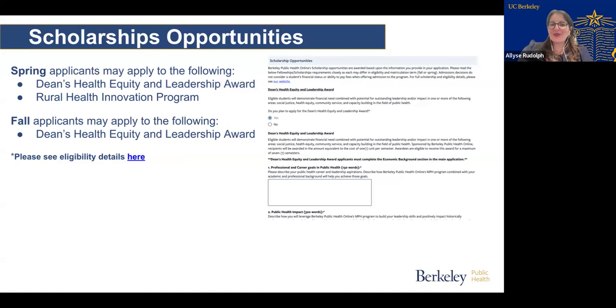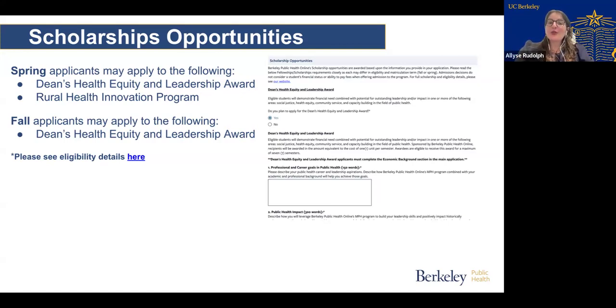Perfect. So we do have some scholarship opportunities that are internal to the program. If you are applying for one of our spring cohorts, so in this case, if you're interested in applying for the spring of 2026, next January, to start the program in January of 2026, so a little ways out.